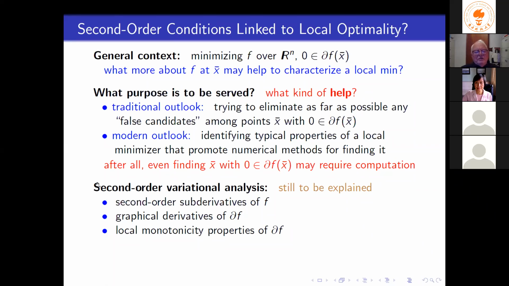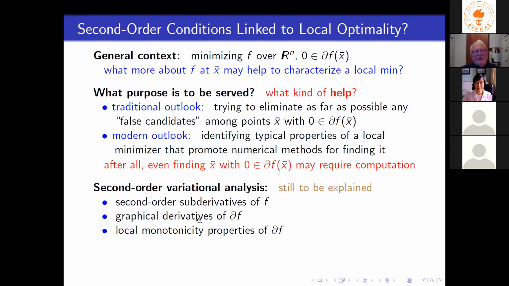So that leads us then to second order variational analysis, and I'll be able to get to some of that in the next two talks. Second order analysis will involve second order subderivatives of the function f, but also there's a second way of looking at it, because in some way the subgradient mapping of a function is already a first derivative. So then we could look at derivatives of that, but that would involve graphical derivatives.